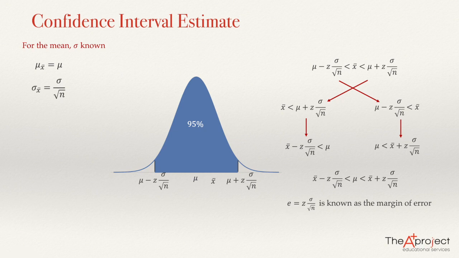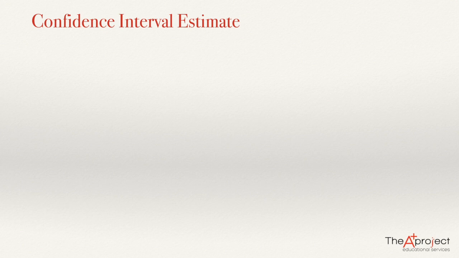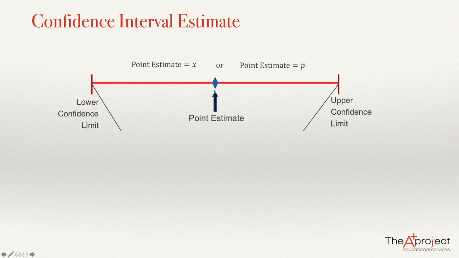In summary, if we want to construct a confidence interval, the first thing to do is to compute a point estimate. We compute the sample mean, or in case we want to estimate the population proportion, we find a point estimate that is the sample proportion. And around this point estimate, we construct an interval with two limits, a lower confidence limit and an upper confidence limit.